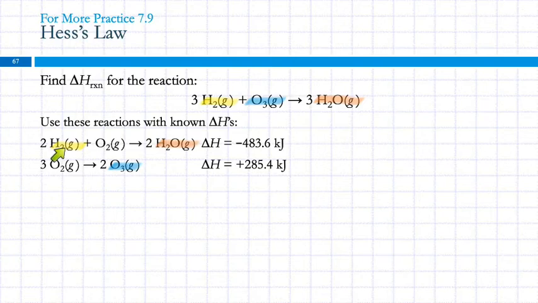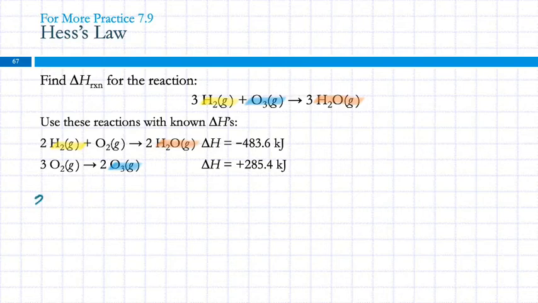So I need the yellow ones on the left side and the blue ones on the left side and the orange ones on the right side. And what about these that aren't highlighted? I want those to go away. But I'm going to start out by just taking care of the things I need to have, and then I'll see what I have to do with the other things.